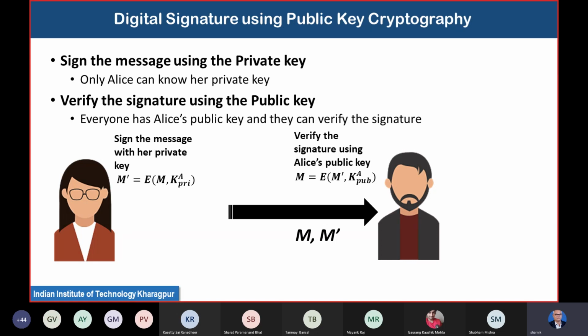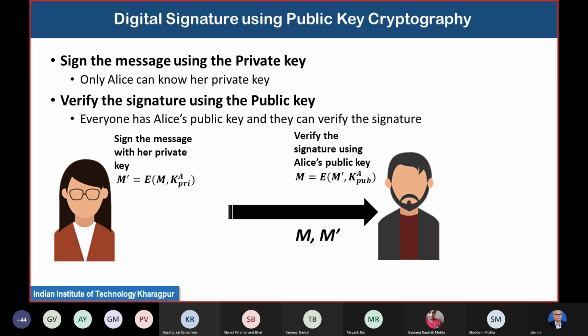That will not match. So Bob will immediately know that what was sent as M is not matching with what was encrypted by Alice.